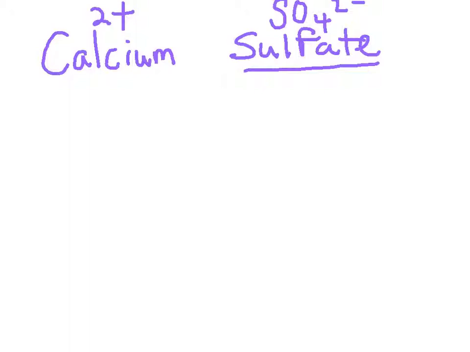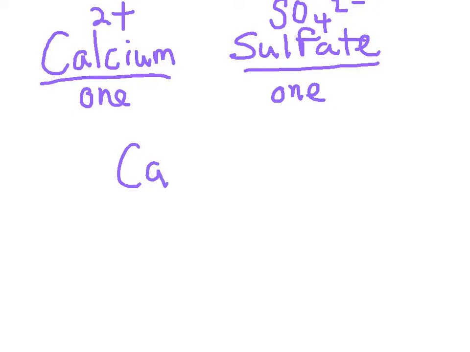You should think to yourself, well, they have the same charge, just opposite signs. So doesn't that mean I only need 1 calcium and 1 sulfate ion so that the 2+ and the 2- charge cancel out? If you said that to yourself, you'd be absolutely correct. And so if we have 1 calcium and 1 sulfate and allow the charges to cancel, you end up with calcium sulfate, CaSO4, as your answer.